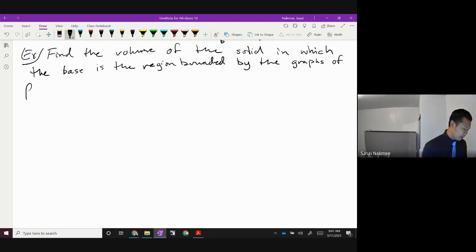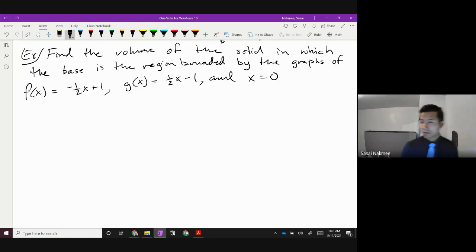First one up is f of x equals negative 1/2 x plus 1. g of x equals 1/2 x minus 1. And x equals 0. So let's take a look at this one right here.